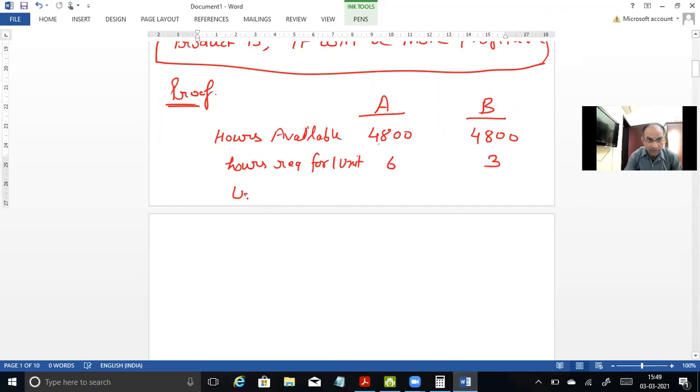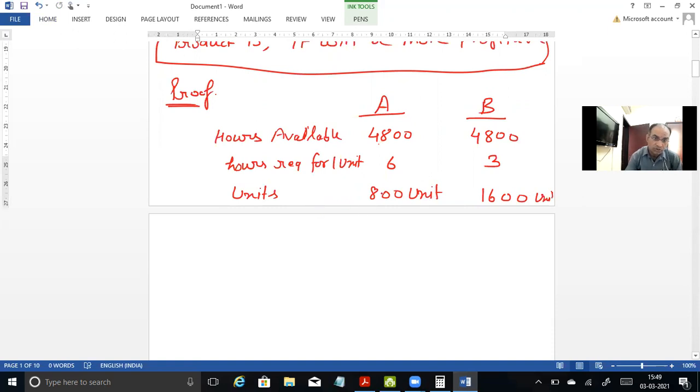So how many units we will get? Units: here 4,800 divided by 6, it is 800 units we can produce at maximum. And here we can produce 1,600 units.